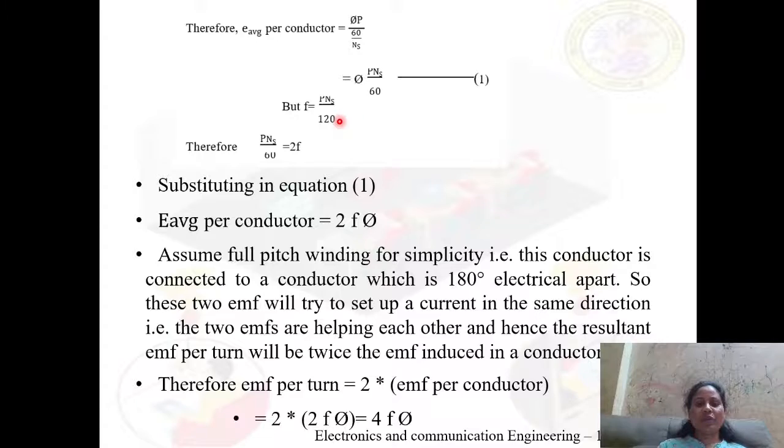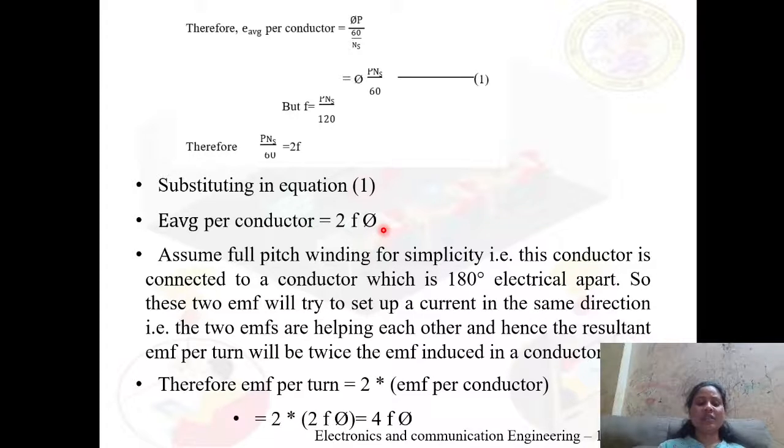But we also know the relationship between frequency, number of poles, and synchronous speed: Ns is 120 f by P. We can get frequency as P Ns by 120, and let us substitute this value of f in the above equation 1, which gives us the average EMF in a single conductor as 2 f phi. So this P Ns by 60 can be replaced with 2f into phi. This is the EMF induced in a single conductor.